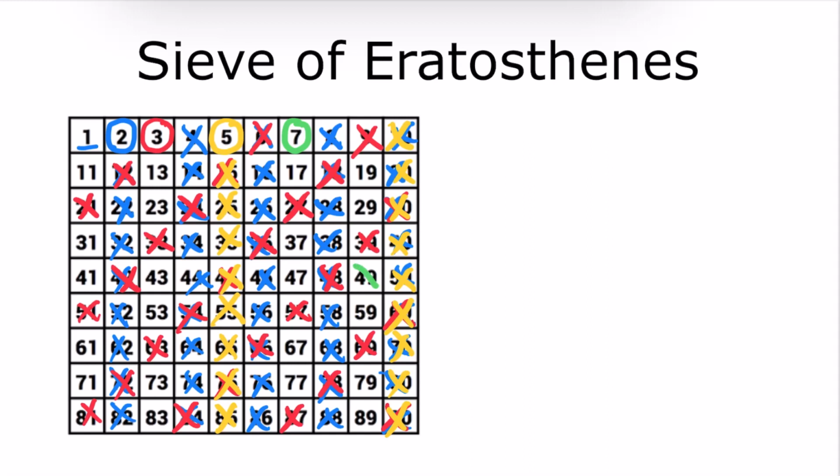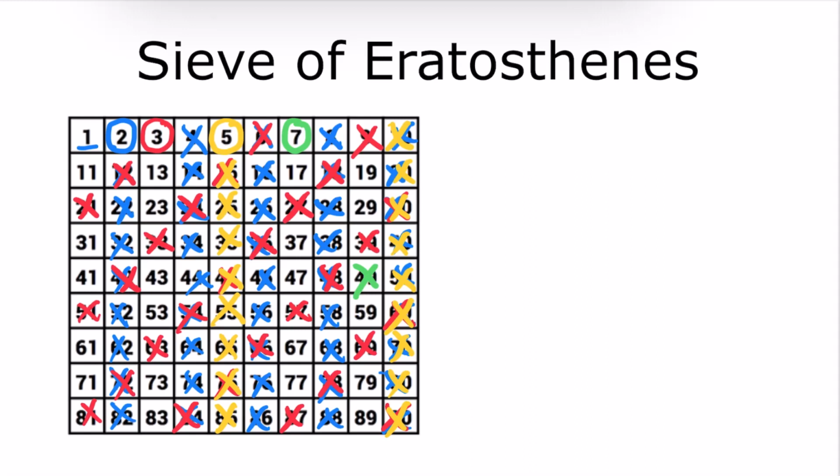So I'm going to go ahead and cross that one off, and then I'll check all of the multiples above that. So 7 times 8 is already crossed off because 8 is divisible by 2. 7 times 9 is also already crossed off because 9 is divisible by 3. And 7 times 10 is already crossed off because 10 is divisible by 5 and 2.